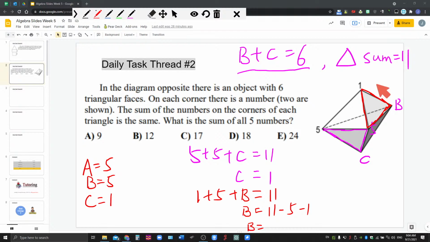And we have the other 2 points that were given to us in the very beginning, 1 and 5. So that will be our 5 vertices. And if we just add them up, that's probably the easiest part. The total is 17.